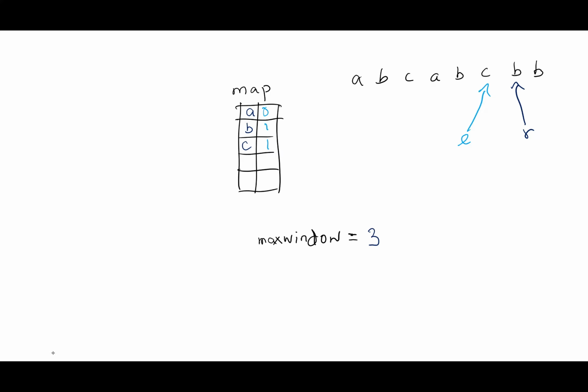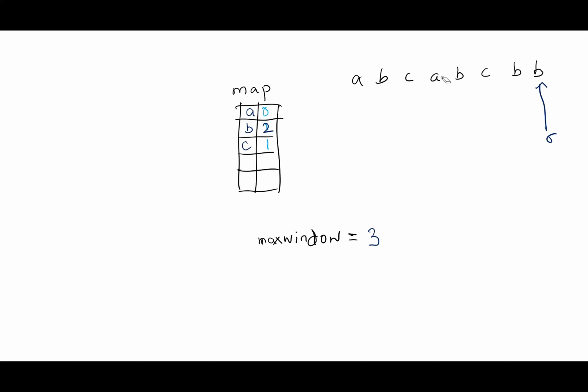Once it's a valid window, I move the right to this. Well, if I move the right to this, you see this one becomes an invalid window.